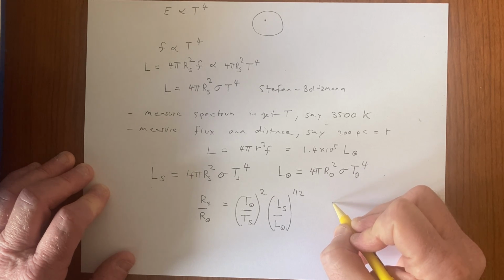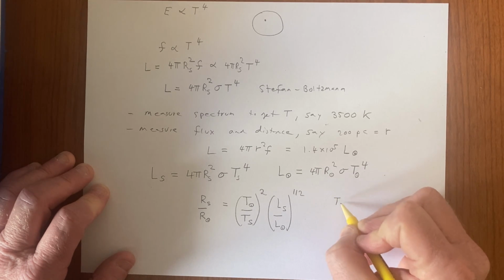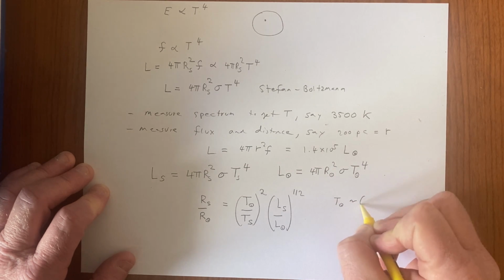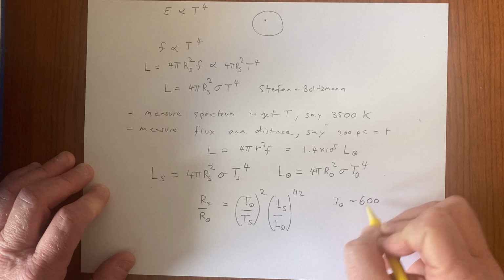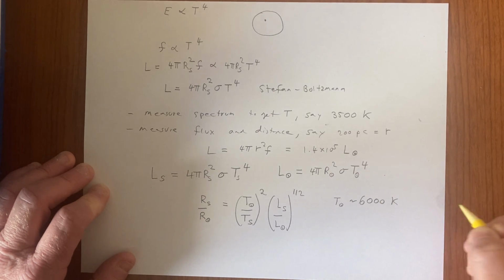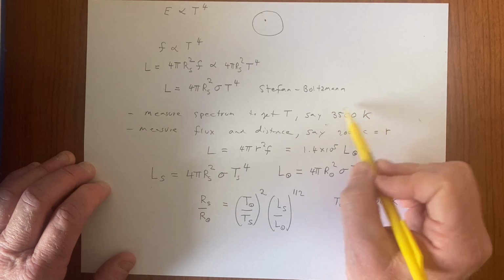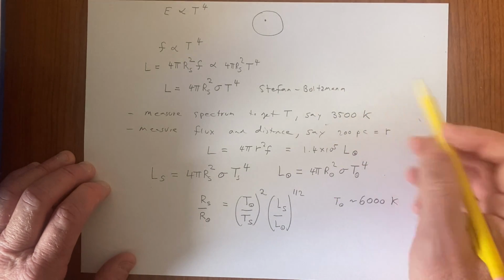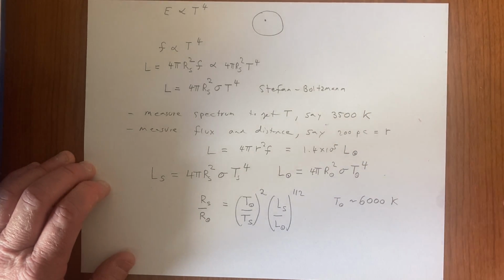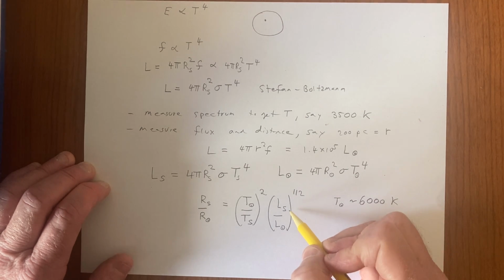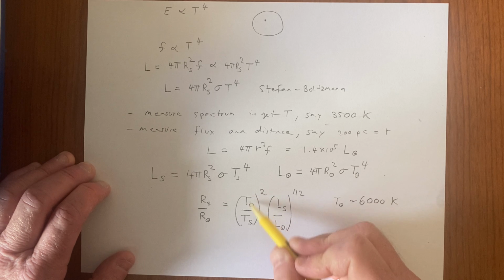The temperature of the surface of the sun is about 6,000 Kelvin, and we said the temperature for this star is 3,500, so it's a cooler star. And so now we know what this is.